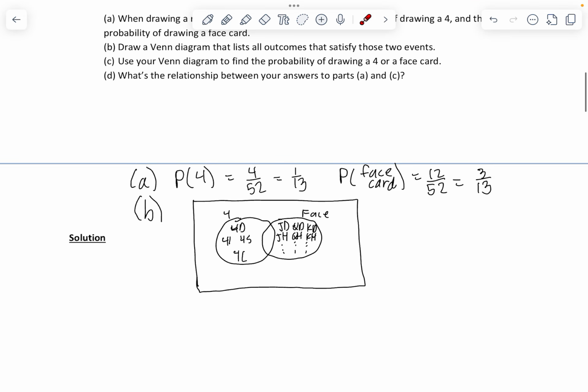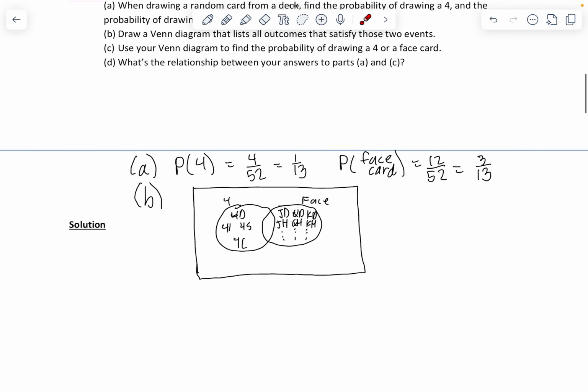So from part C, the probability of a 4 or a face card is equal to 16 out of 52, which reduces down to 4 out of 13. So then part D, what's the relationship between your answers to parts A and C?